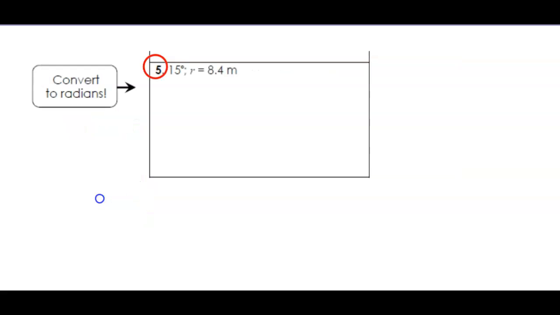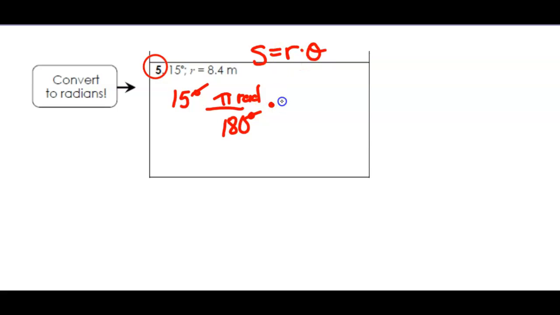Now, when you get to the ones where they give you degrees, you have to change it to radians. So remember, pi radians are equal to 180 degrees, so then your degrees cancel out. So you have 15 pi over 180, which does reduce, but I don't care because I want to multiply theta times r. Now, they do want an exact answer, and usually exact doesn't include decimals along with irrational numbers like pi.